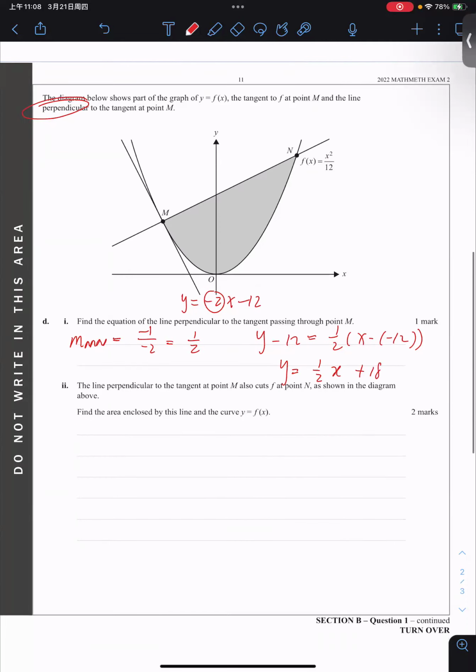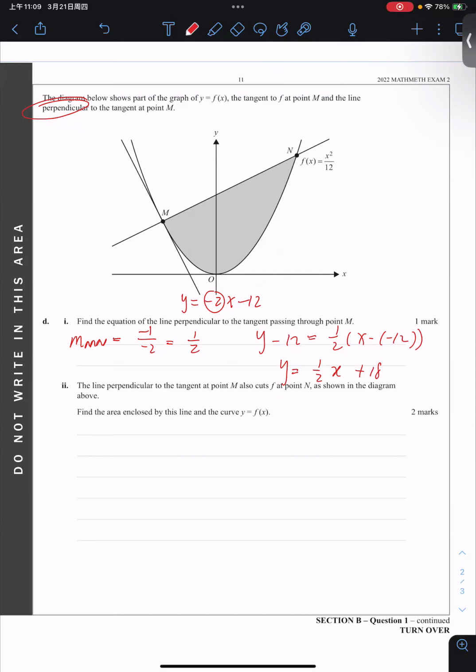Once we have the perpendicular line's equation: the line perpendicular to the tangent at M also cuts f at the point N, as shown in the diagram above. Find the area enclosed by the line and the curve y equal to f(x).